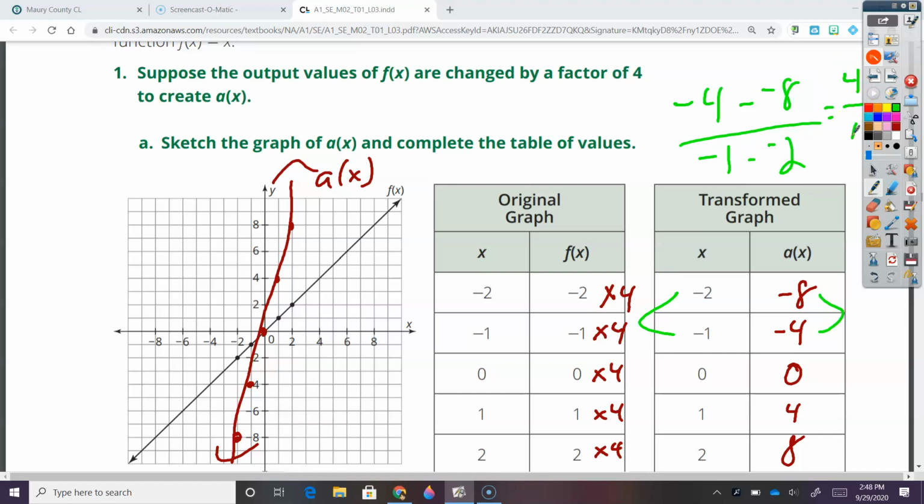So my slope changes to 4. So a of x equals 4x. My y-intercept is still 0. So a of x equals 4x. No need to write 0.